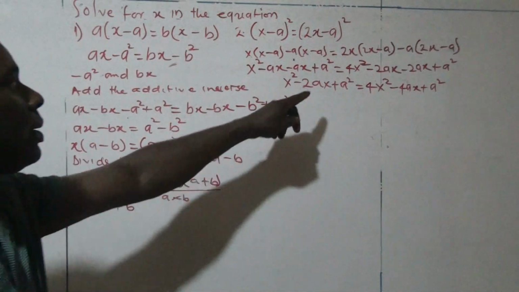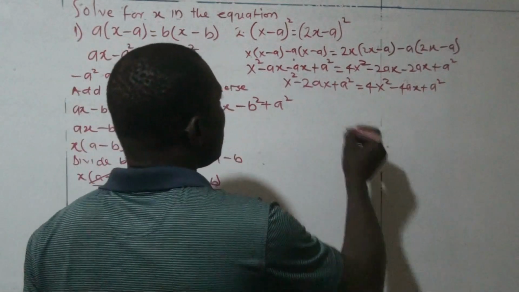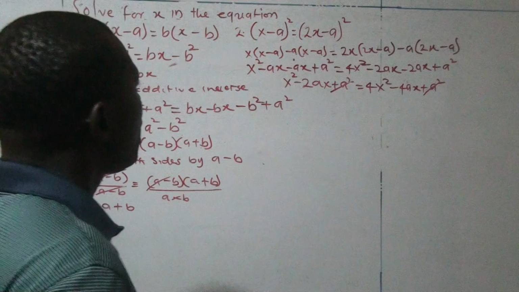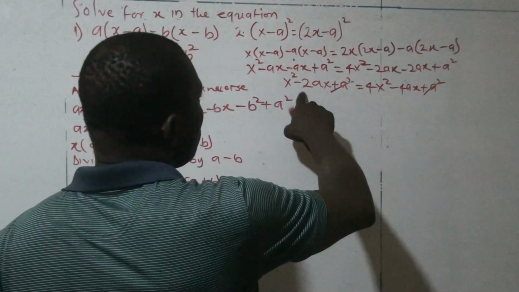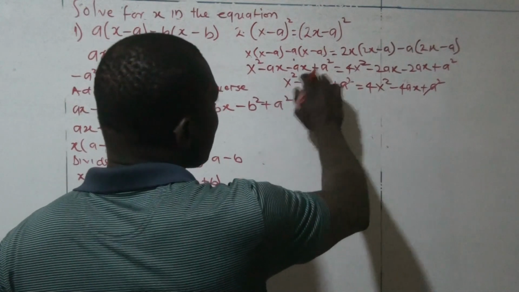As we can see here, this a squared and a squared are off. Here we collect like terms by moving all the terms on the left hand side to the right hand side.